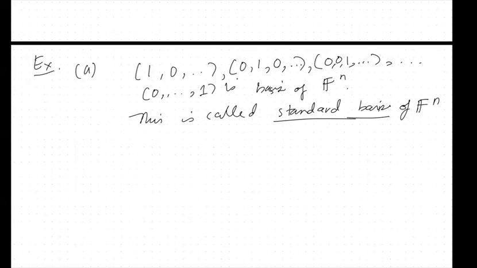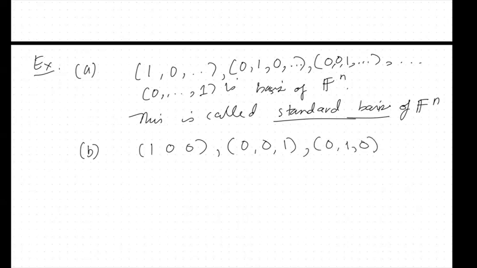The other non-standard basis, of course, if you have R^3, (1, 0, 0), (0, 0, 1), and then I forgot the second one, is a basis of F^3. Now, recall that I have hidden parentheses here, but by convention, this is just a list, and this list has no parentheses, and this is understood to be some set here.